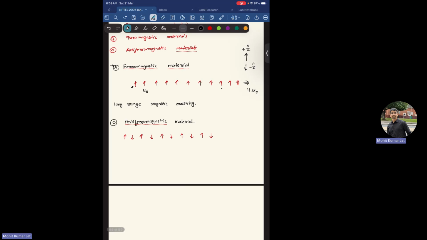So if this one has magnetic moment mu b, this will be having magnetic moment minus mu b. And in that case, yes, it has long range order. But the net magnetic moment, total magnetic moment will be cancelled by the adjacent spins.